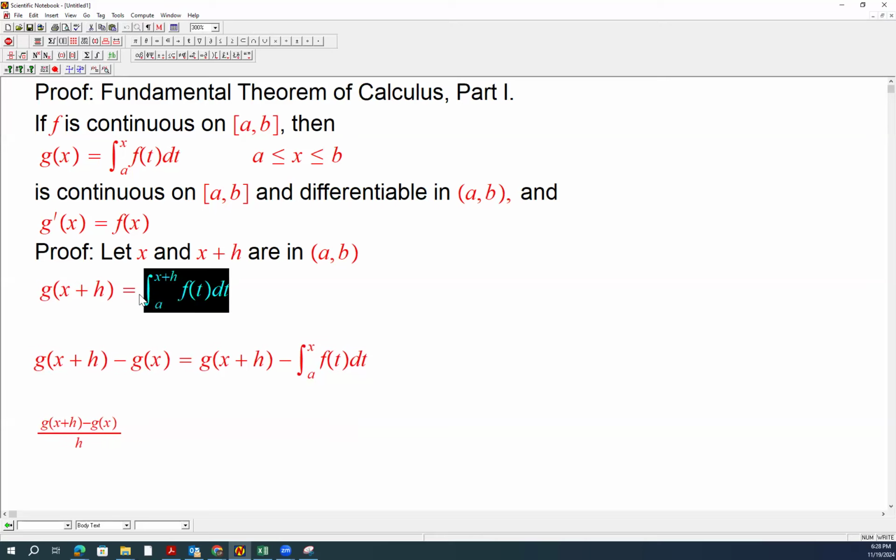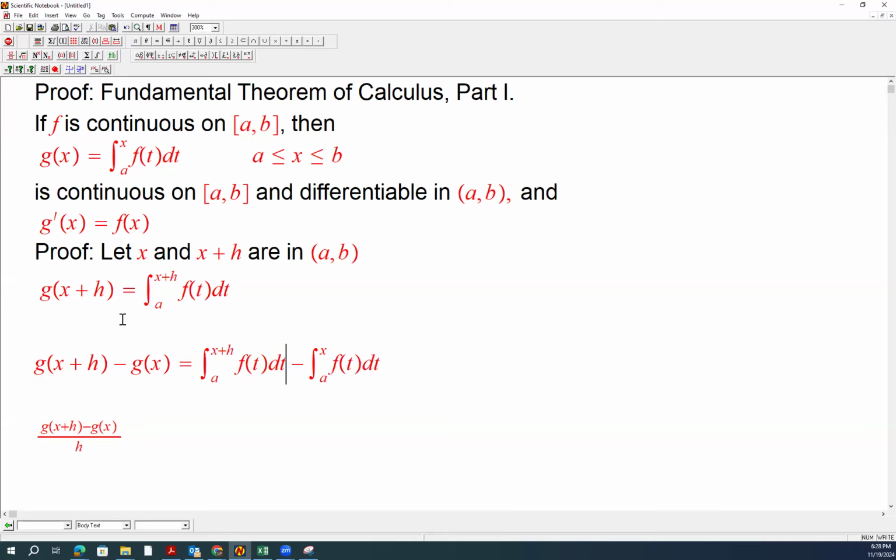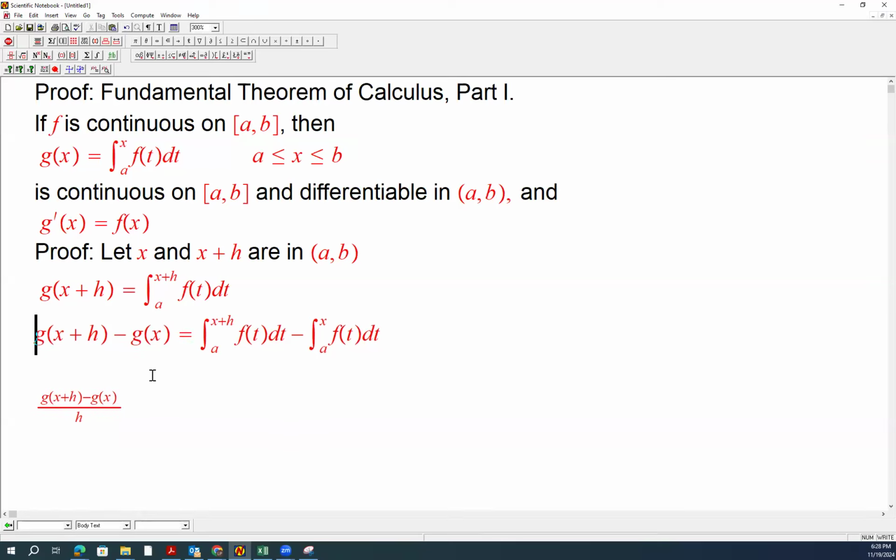So we replace and get this form: g(x plus h) minus g(x).